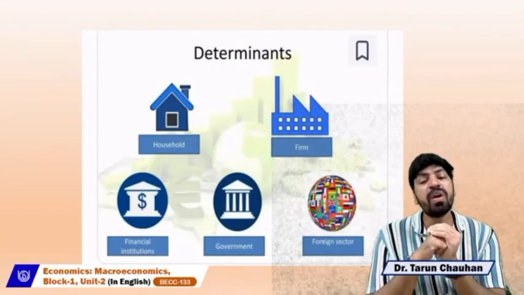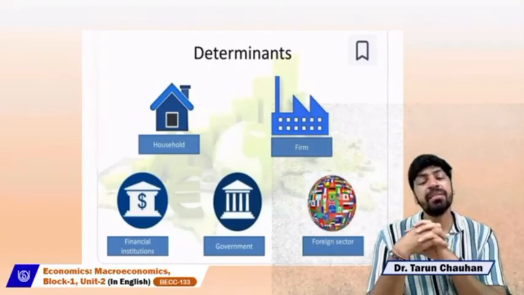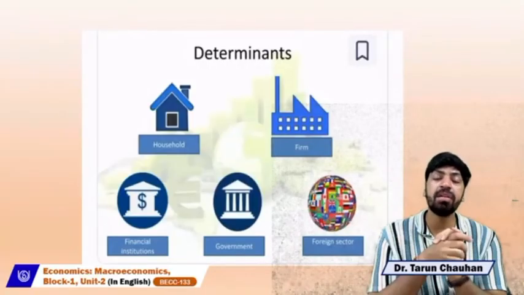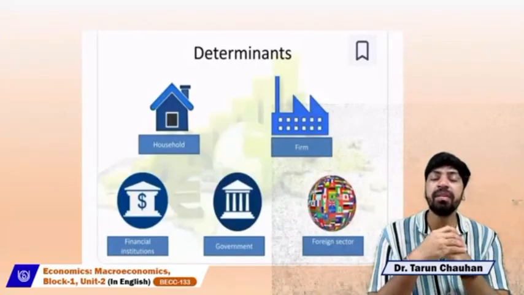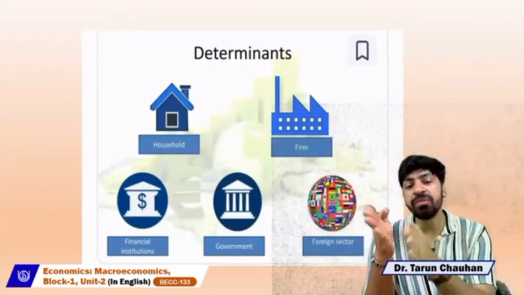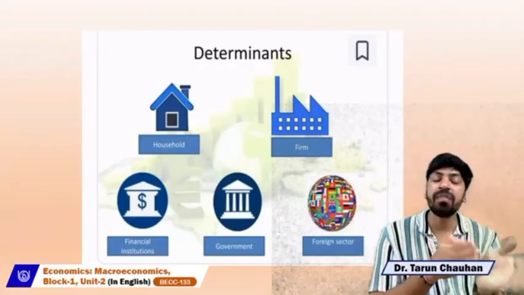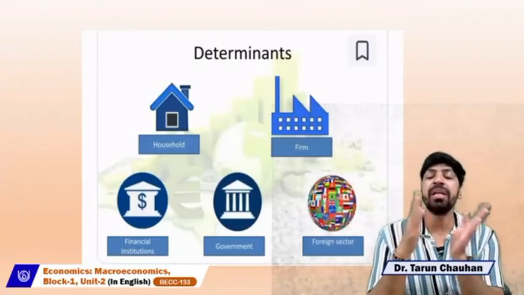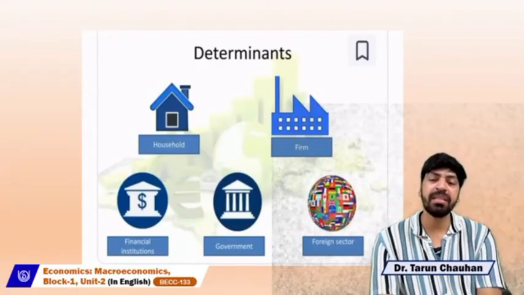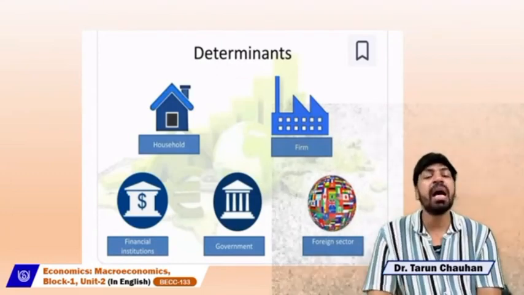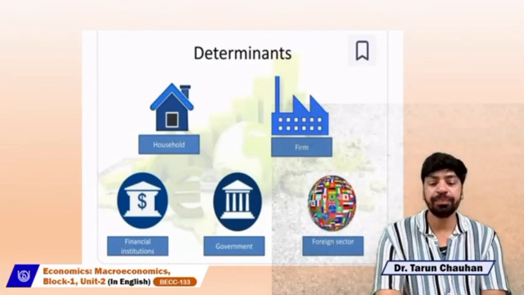The fourth is government, and the fifth is the foreign sector. These are the determinants of the circular flow of income: how income circulates from household to firm, firm to financial institution, and how the government relates to the foreign sector. Let's begin and study each determinant under the circular flow of income.